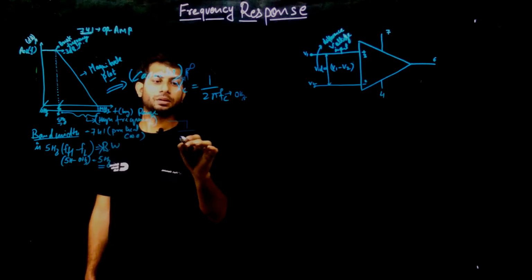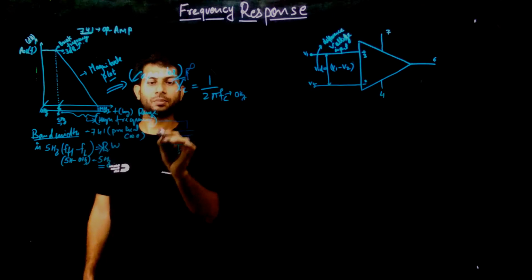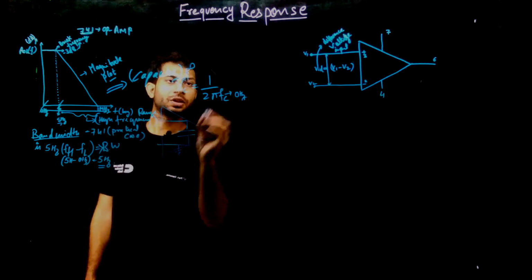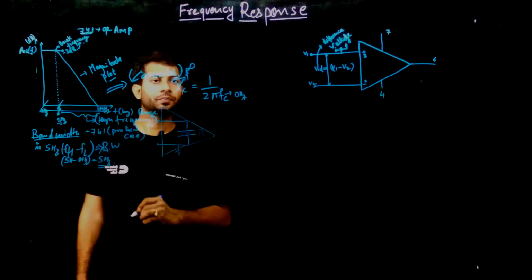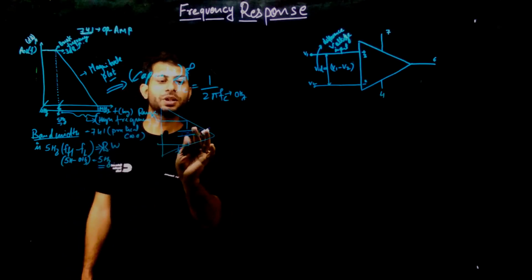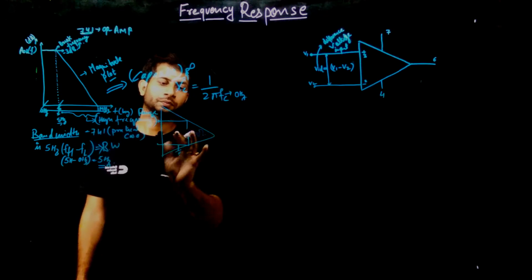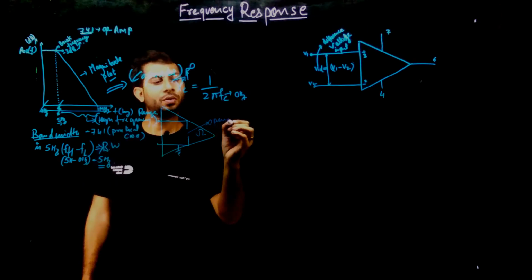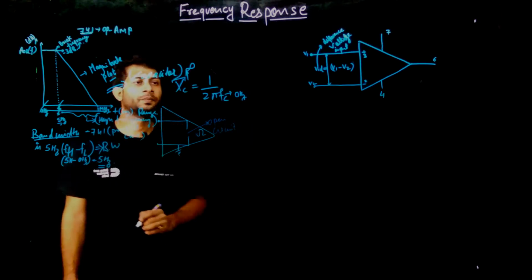If there is a capacitor inside the op-amp, then at 0 Hz it offers infinite resistance, and infinite resistance means an open circuit. That means these two terminals behave as an open circuit.